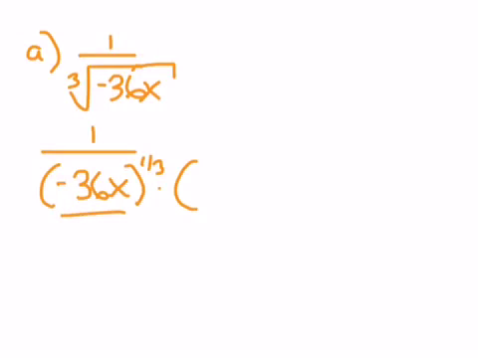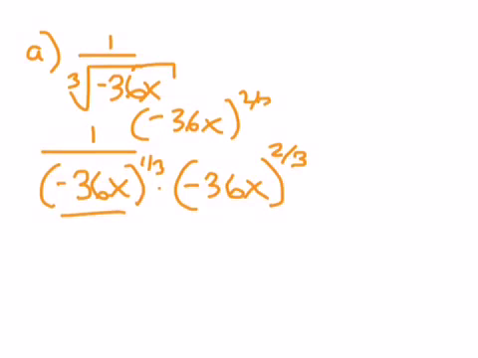So that would be multiplying by negative 36x to the 2/3, because when I multiply these, 1/3 plus 2/3 is 1. So I get negative 36x to the 2/3 in the top. Alright, so that leaves me with negative 36x in the bottom.